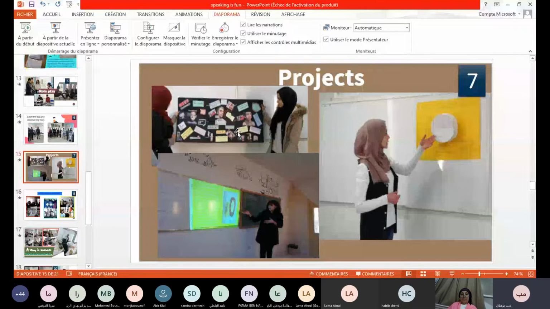The second one, PowerPoint. And the third one, students who made surveys on the importance of reading in school. They asked about 200 students, and they made their statistics, and then they presented it all in class orally without any notes, without reading from papers. That was marvelous. It really did boost their self-confidence.